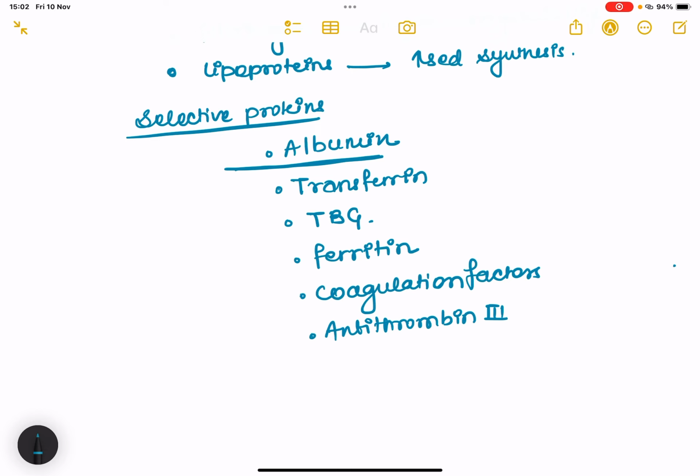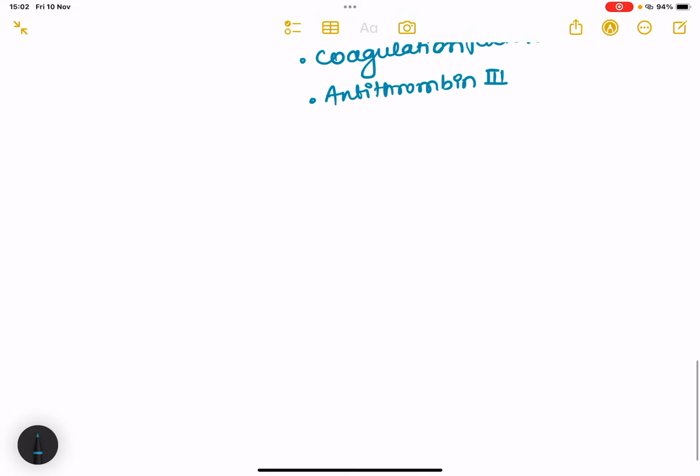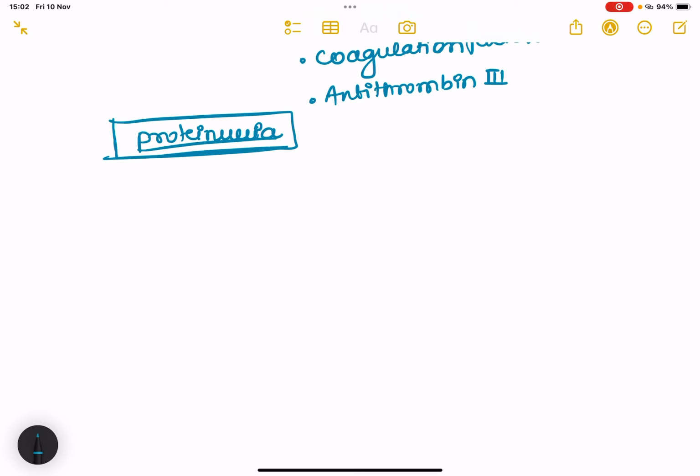And how will we diagnose proteinuria? A patient having edema is a presentation, but we have to diagnose it by lab investigation. Then we will do a urine analysis, which will show the proteinuria. Proteinuria is +3 to +4 protein on urine dipstick, and a spot urine protein creatinine ratio of more than 2.